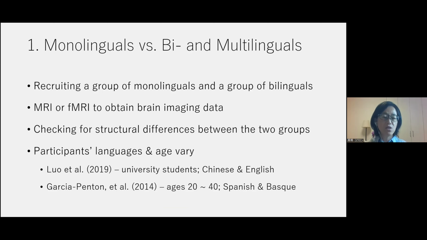And in a different study in 2014, they used young adults, aged between 20 and 40, and their L1 is Spanish, or the monolingual is Spanish, and the bilingual speaks Spanish and Basque. And then, of course, there are many different studies, but with a similar research design.